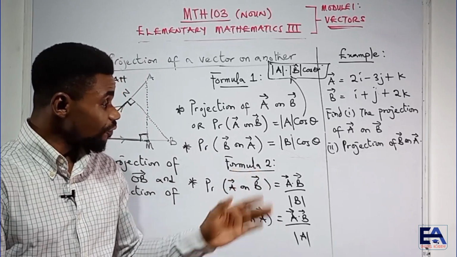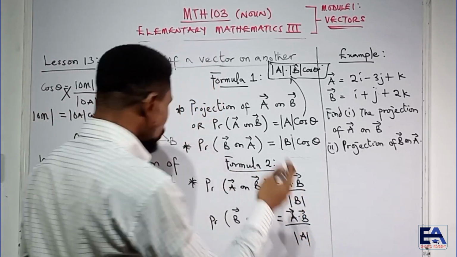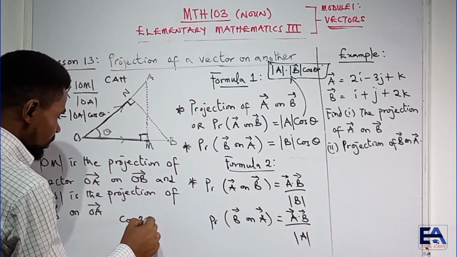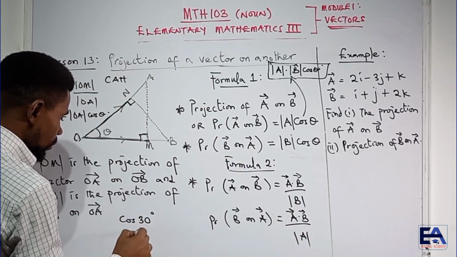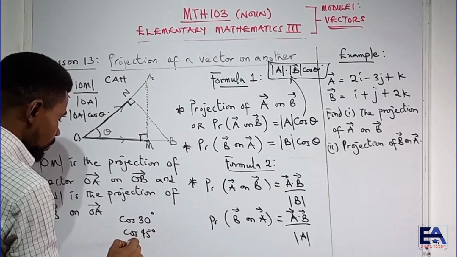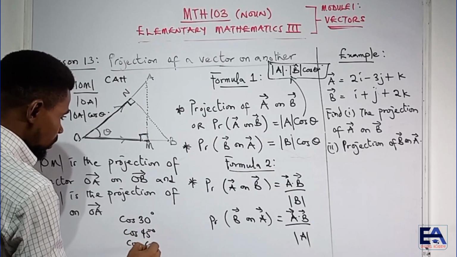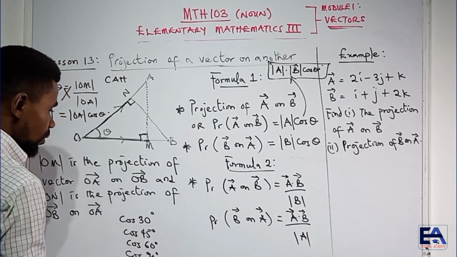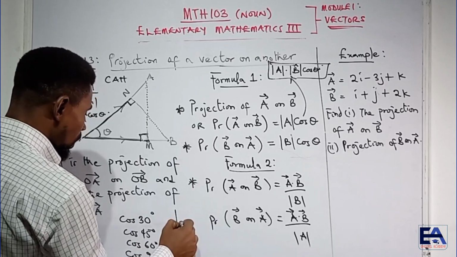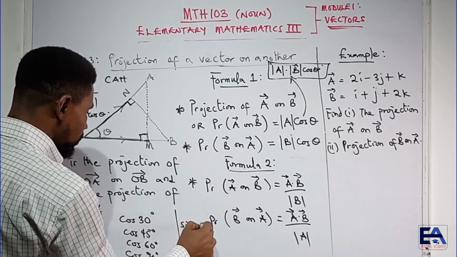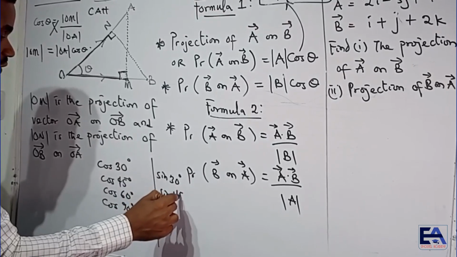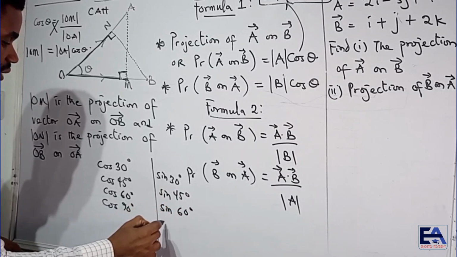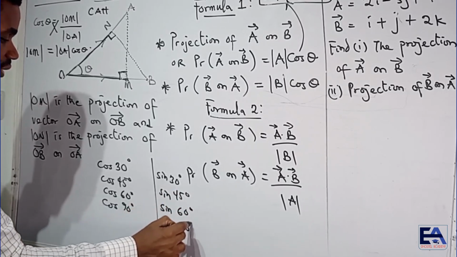You should be able to know offhand the value of cos 30 degrees, cos 45 degrees, cos 60 degrees, cos 90 degrees. You should also know the value of sine 30 degrees, sine 45 degrees, sine 60 degrees, and sine 90 degrees.